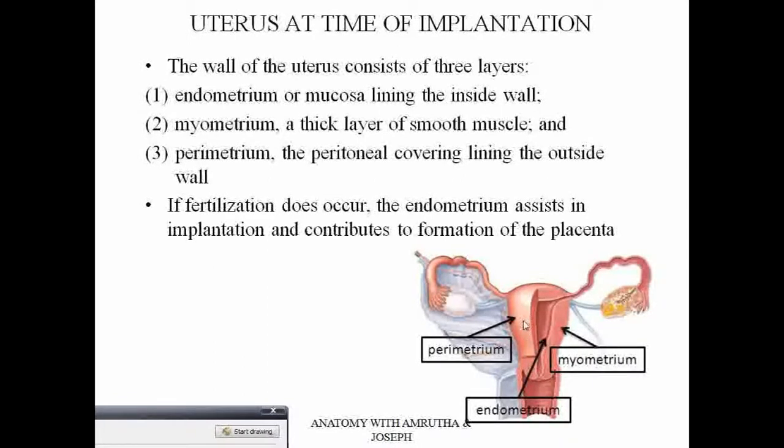If fertilization does occur, the endometrium assists in implantation, because it is in the secretory phase, and also in forming the placenta. As I said, the placenta is formed partly by the mother's uterus and partly by the trophoblast of the developing embryo.